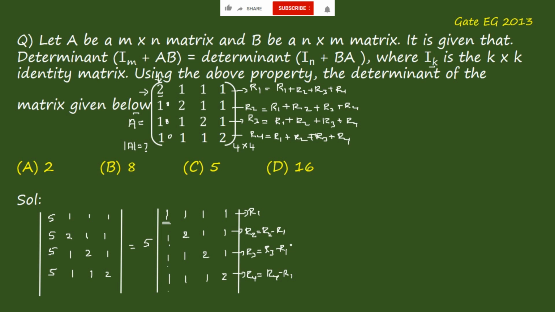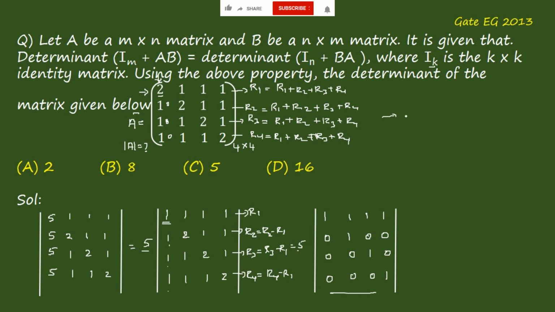If you do this operation, then the matrix we get is 5 into the matrix 1, 1, 1, 1, then 0 below, and 1, 0, 0, 0, 1, 0, 0, 0, 1. Now we have to find the determinant of this matrix, right?